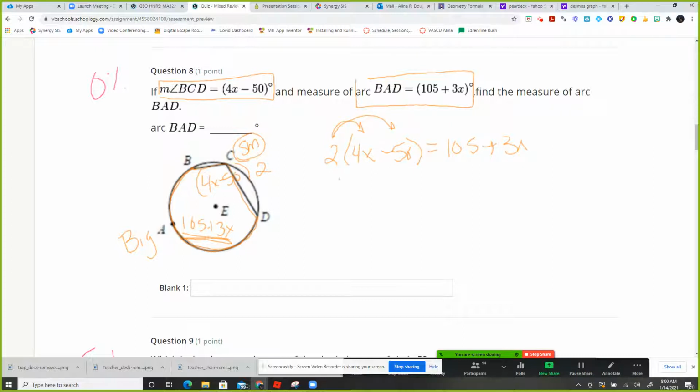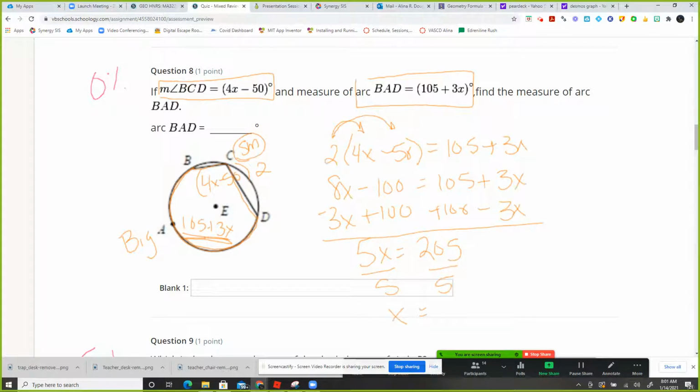So 2 times 4x is 8x, and 2 times minus 50 is minus 100, and then 105 plus 3x. I always move my smaller x's, which means I need to move the numbers to the other side. So 5x equals 205, and then divide by 5 and divide by 5. X equals, is that 41?